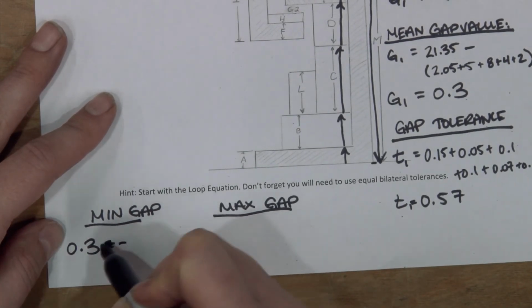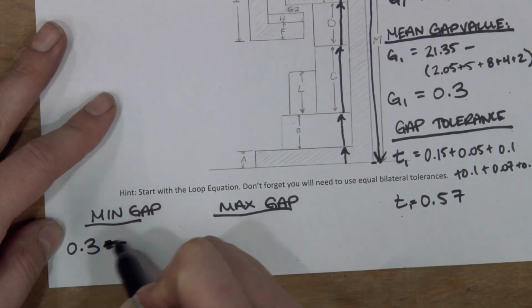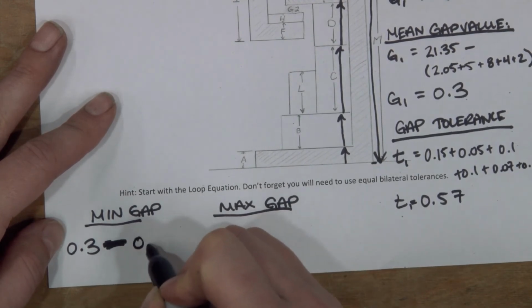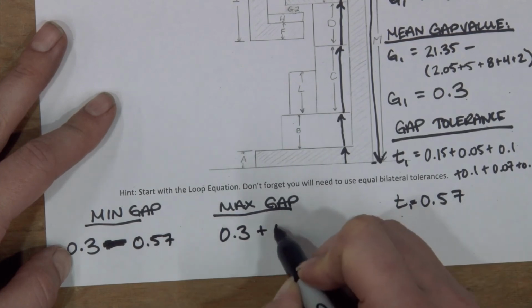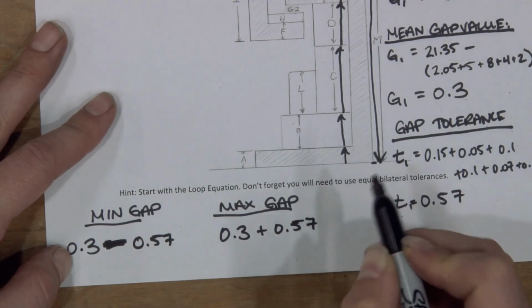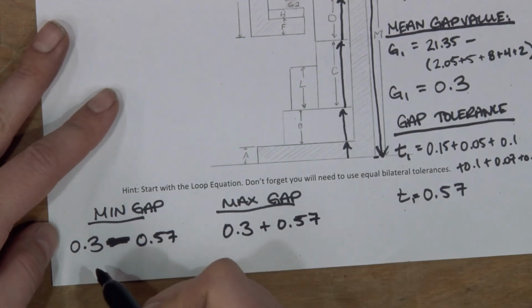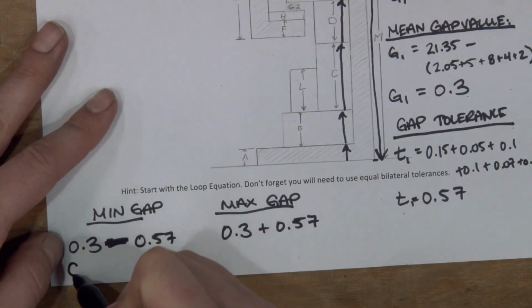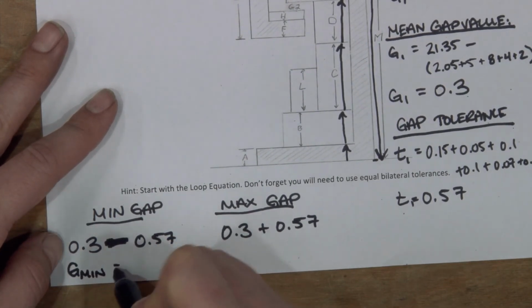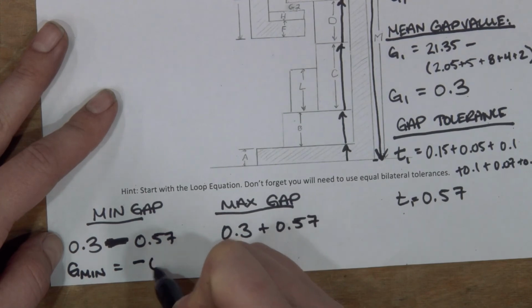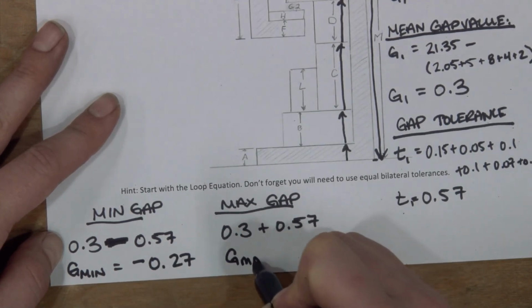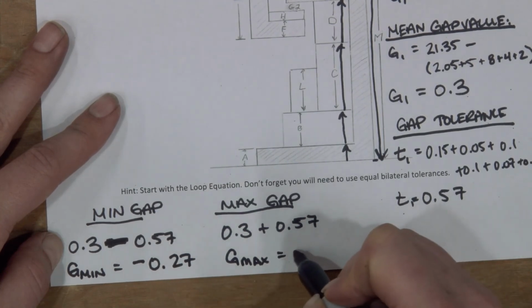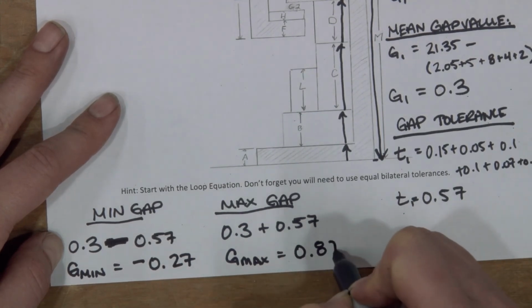And whoops, this is gonna be minus 0.3 minus 0.57. And this will be 0.3 plus 0.57. And if I do my math correctly here, this will be gap min equals negative 0.27 and gap max equals positive 0.87.